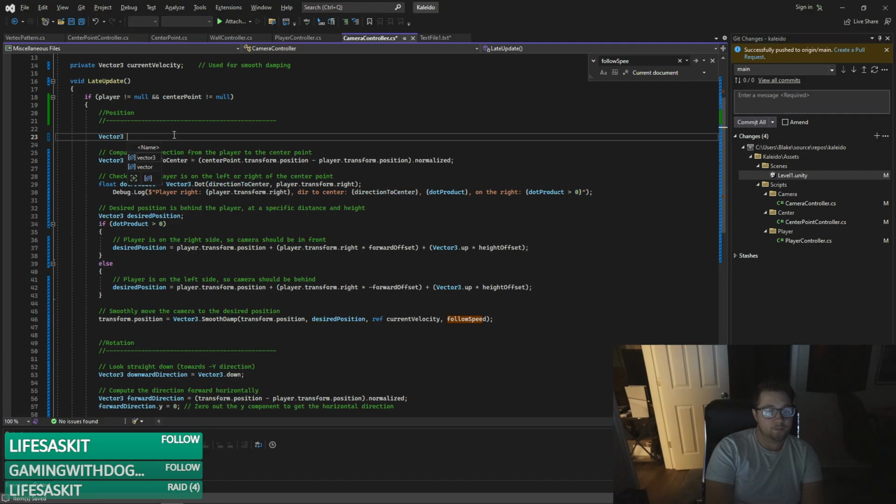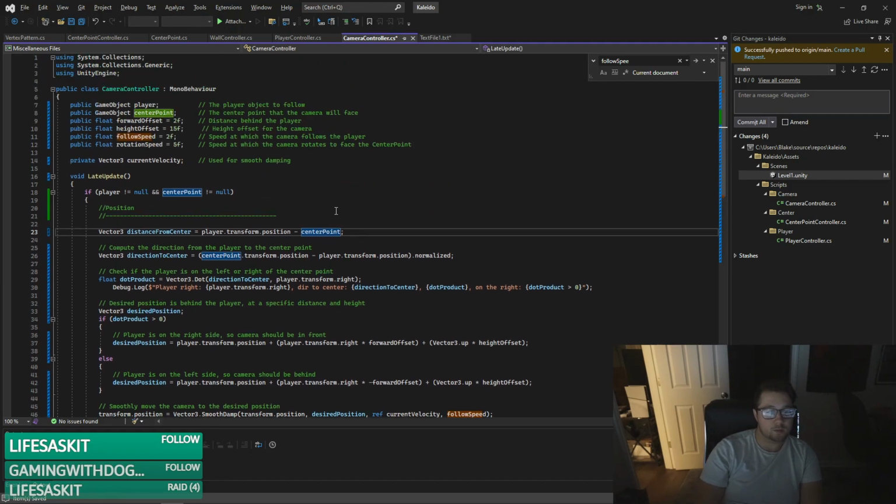Distance from center equals player.transform.position minus centerPoint.transform.position.